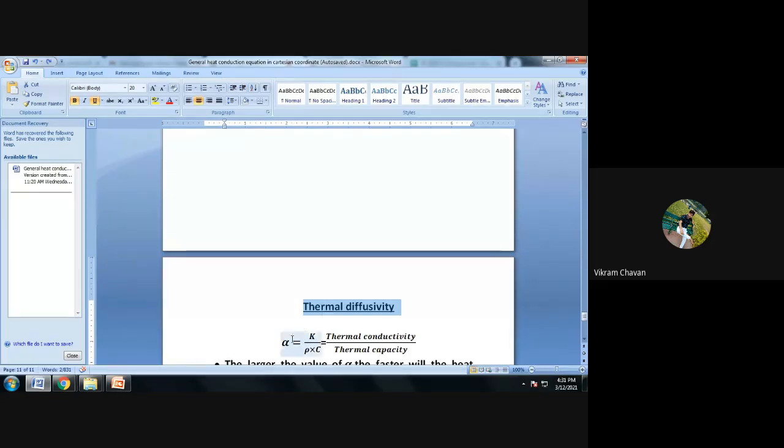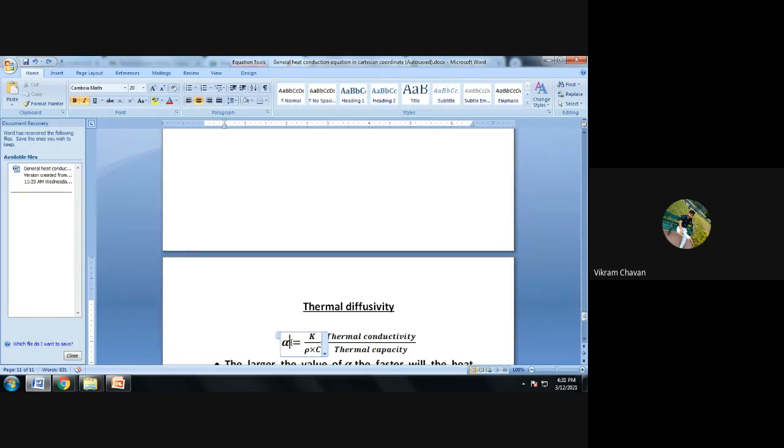Now if alpha is more, then we can say that diffusion is faster. If alpha is lesser, diffusion is lesser. So for increasing alpha, higher thermal conductivity and lower thermal capacity are required.